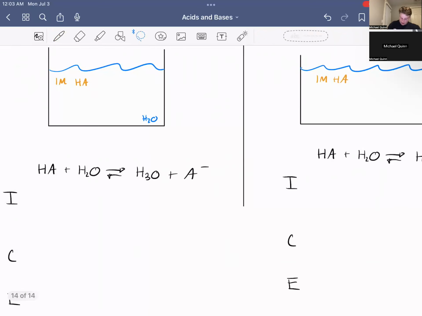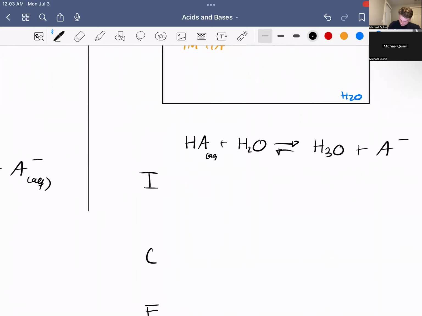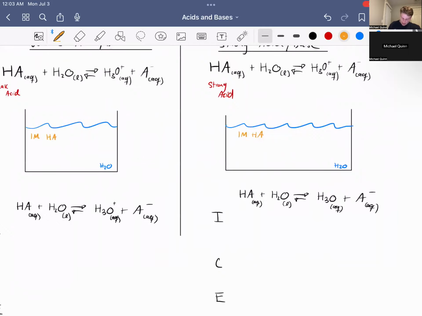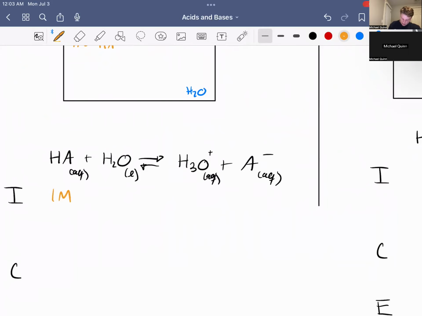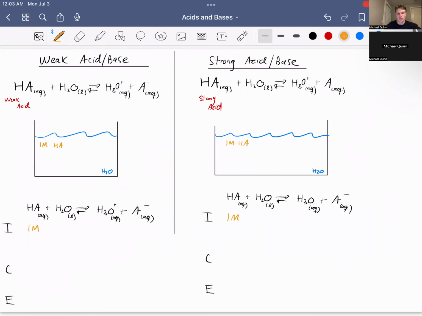So in both cases, we have HA reacting with water, going to hydronium and A minus, right? And let's put in our states of matter here. So if we were to put this 1 molar in, what are we going to see? Well, in both cases, we will see 1 molar as our initial concentration for our ice table.